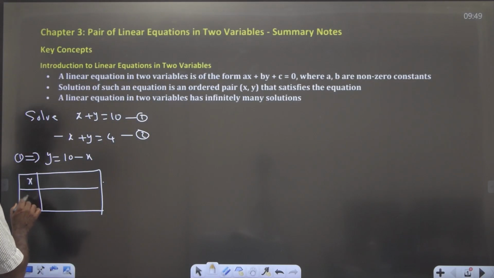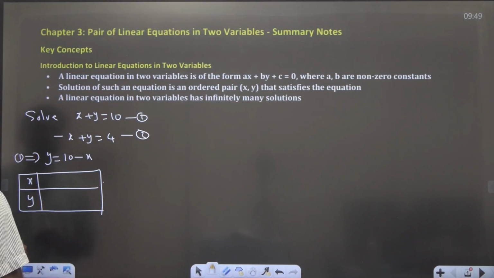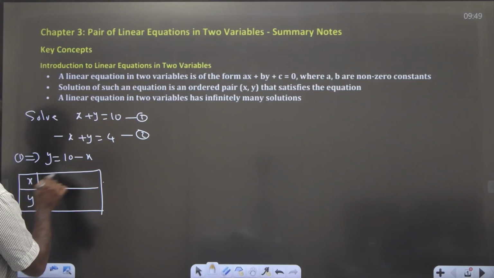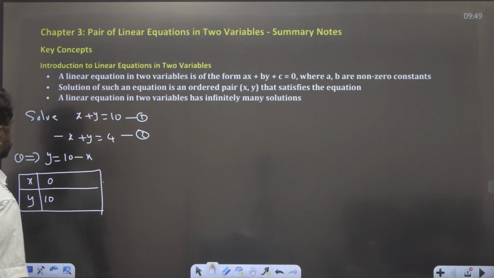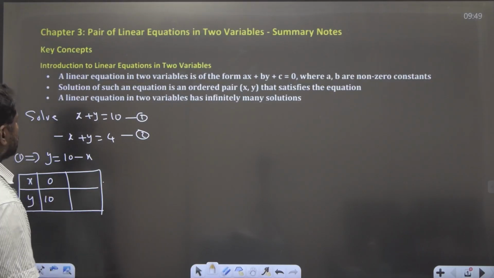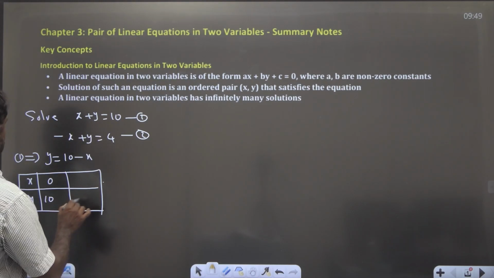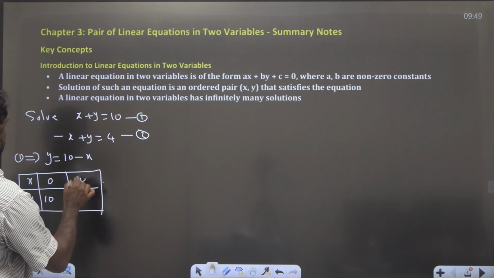Suppose this is x, this is y. If x is equal to 0, y is equal to 10, one point. If y equal to 0, x is equal to 10.